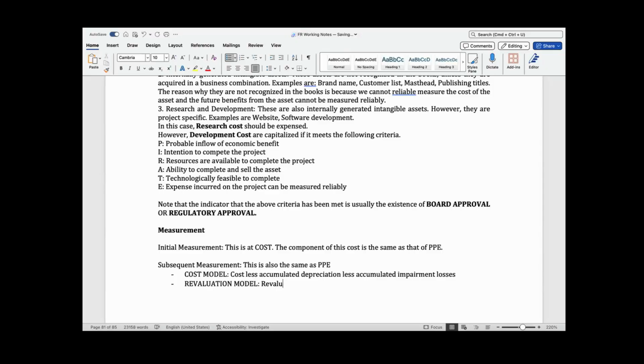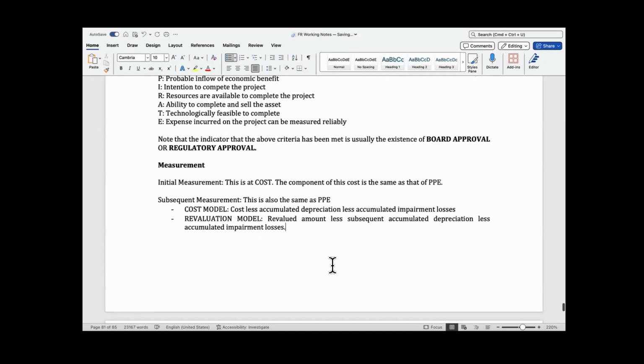After you have checked your note, you think I didn't see you. Less subsequent accumulated depreciation, less accumulated impairment losses. Okay, it's the same now.